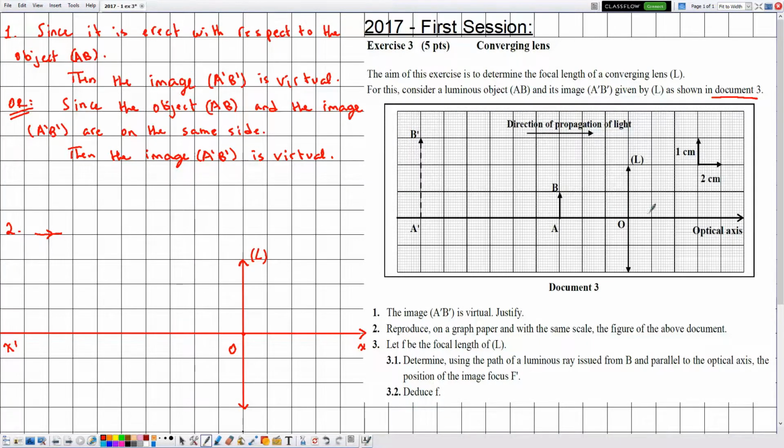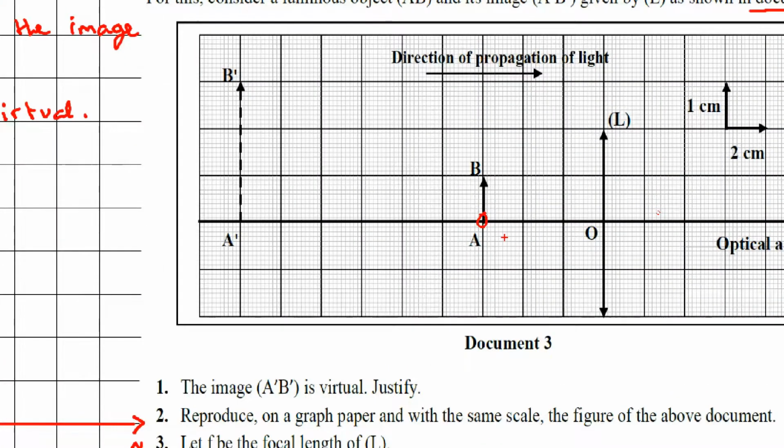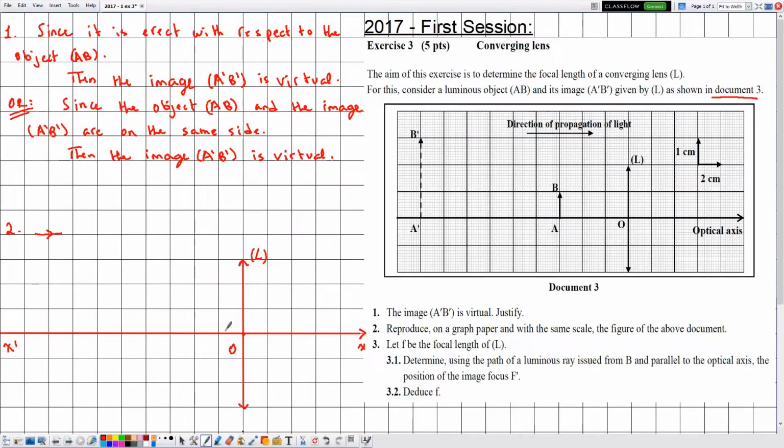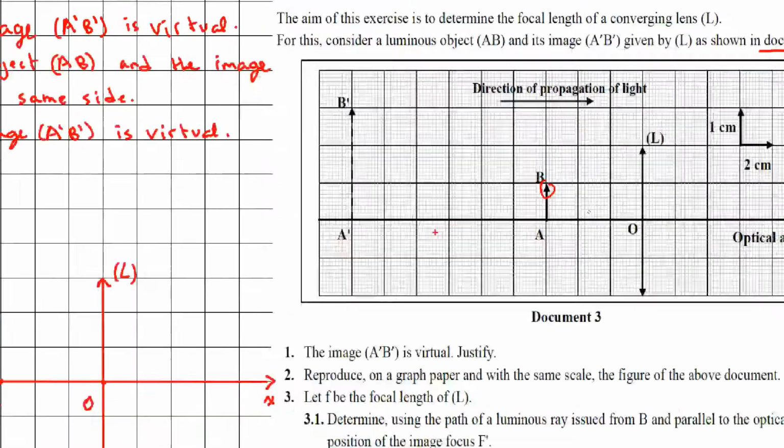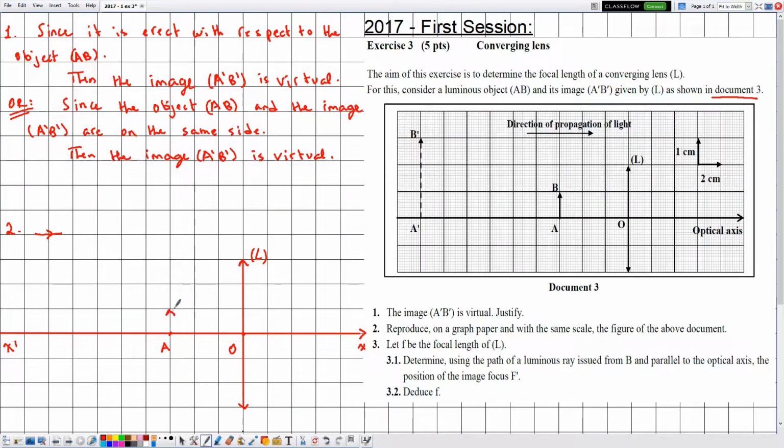Now the point A is located 3 divisions in front of the lens on the optical axis. And the point B is located 1 division above A, and a hat is found on B. Now let's trace the object.